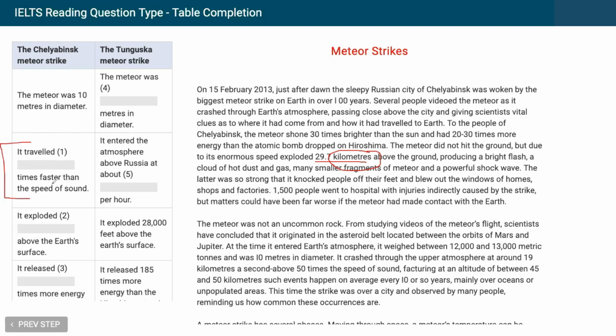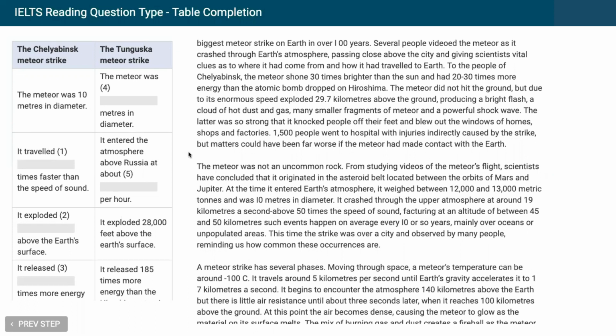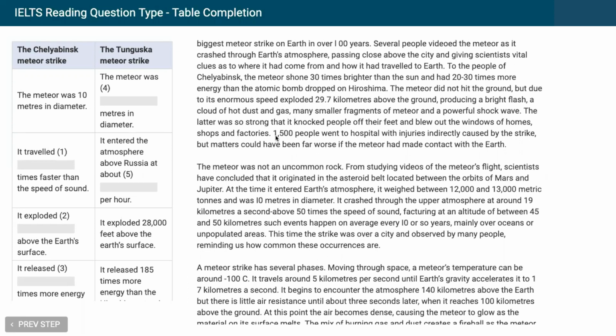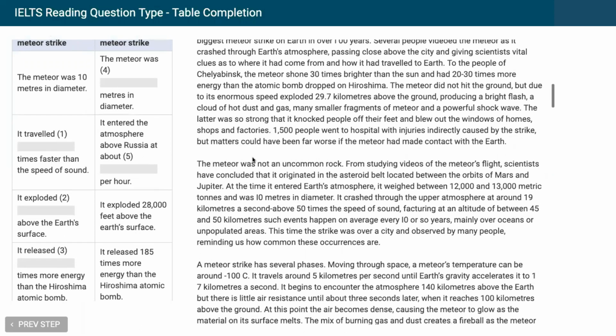We see here, it traveled blank times faster than the speed of sound. So let's go ahead and scan the text for this information. And so I'll just move down a bit because I'm looking at numbers, for example, 1,500, but that is not included in my table, so I'm going to just skip it for now.